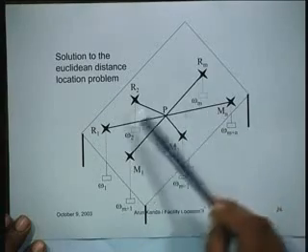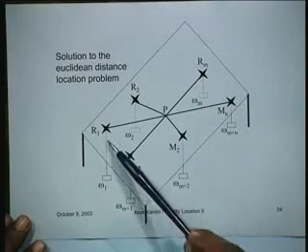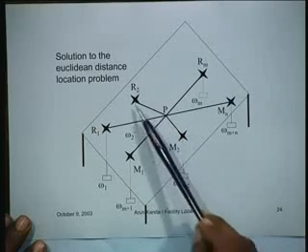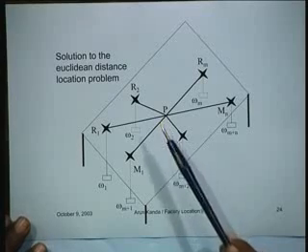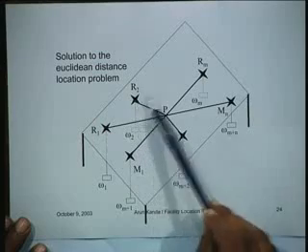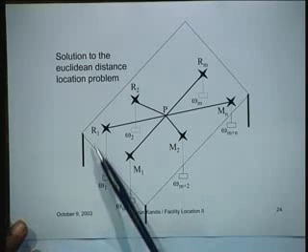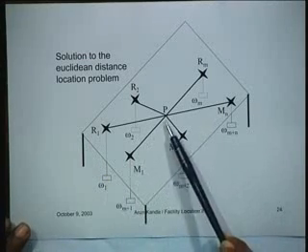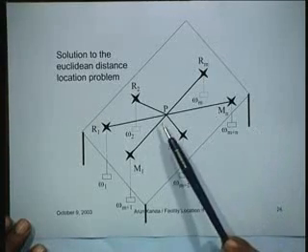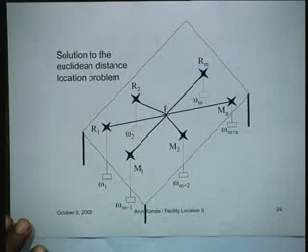All these points, which could be raw material sources and markets, are plotted here to scale, and then you take the requisite number of strings, tie them to a common knot, pass one string through each of the holes you have drilled, and hang a weight corresponding to that particular point. You allow the system to come to equilibrium, and when that happens, the location of P is the solution to the Euclidean distance location problem.